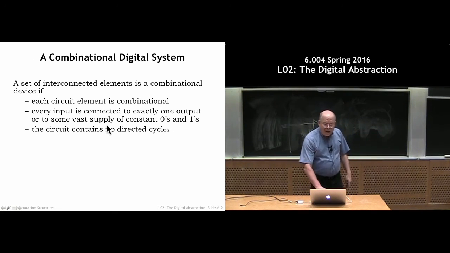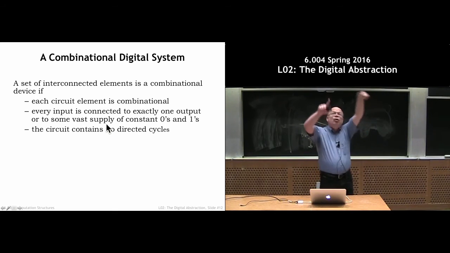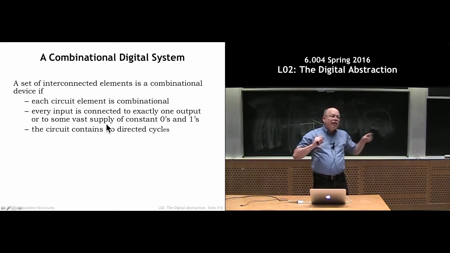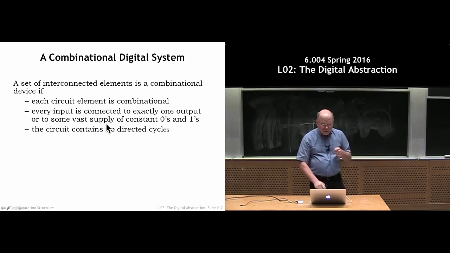This is basically the same thing as saying I can't take 2 outputs and short them together and connect them to an input. There's never a case where this one is saying 1 and this one is saying 0, and you put the wires together and now I don't know what the right answer is. That's disallowed by our construction rules. So no short circuiting outputs together.